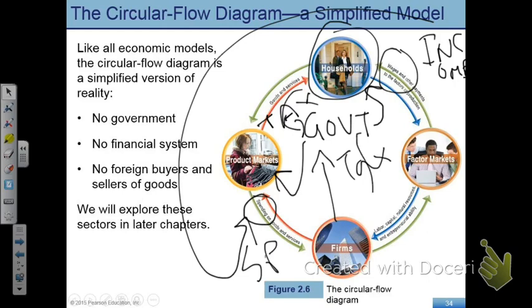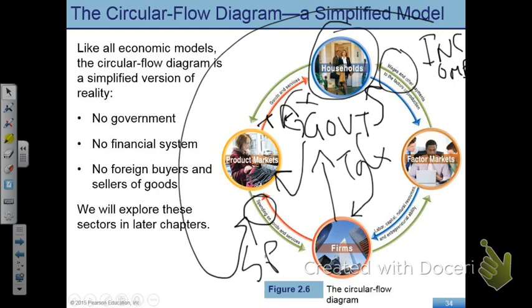Government could also give stuff to the firm like a subsidy. Government could be connected with everyone in this economy. Just like the arrows that we saw that connect these household firms to markets, government is actually connected with everyone. So that's one very important institution that is missing from our circular flow diagram.